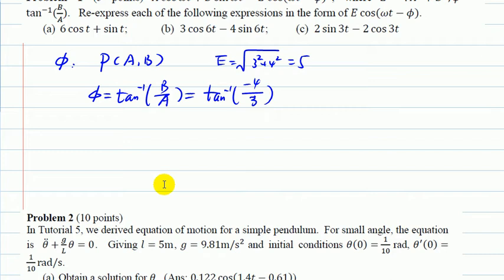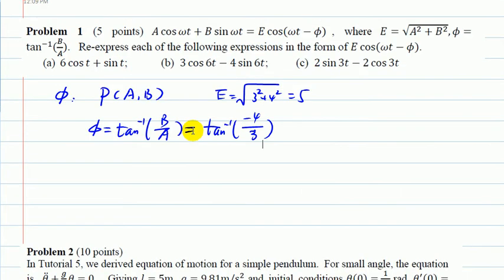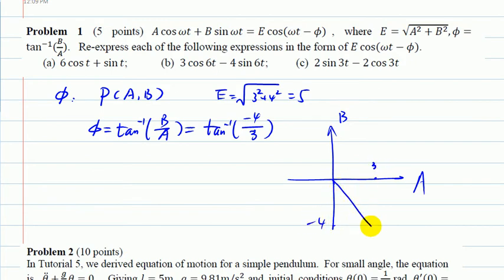So for the actual location, you draw a diagram. This is the B axis, this is the A axis here. A is positive 3 and B is -4, so your actual phi angle is here.